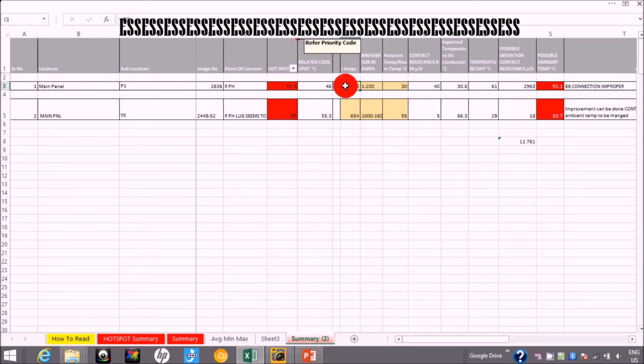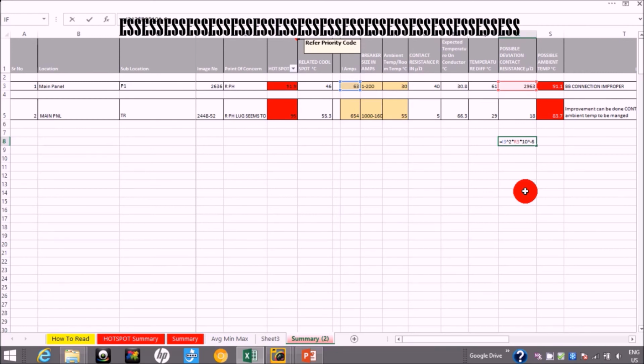Let's say 63 ampere is the current flowing through that bus bar, and we say the contact resistance is in the range of 2963 or something. So this is basically the wattage that is getting wasted, or converted into heat.